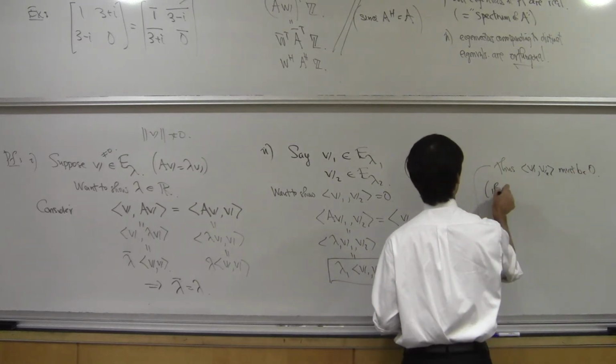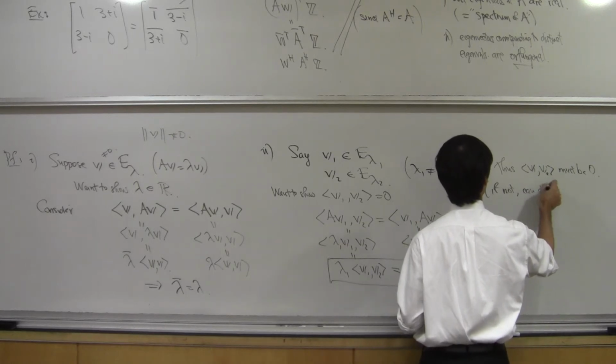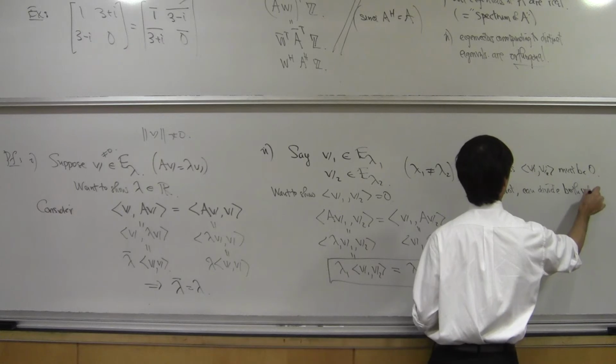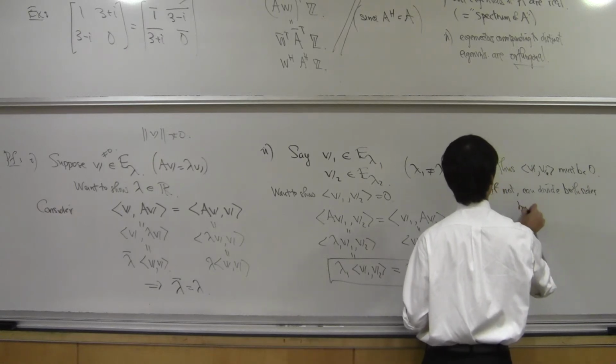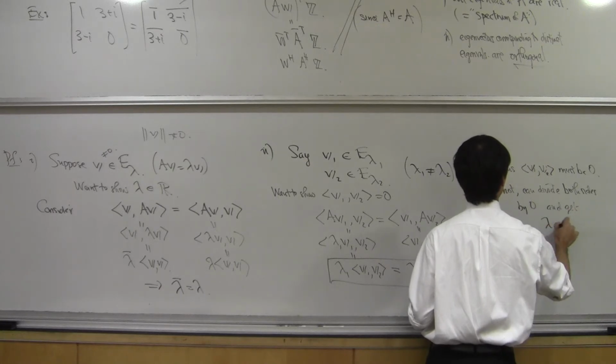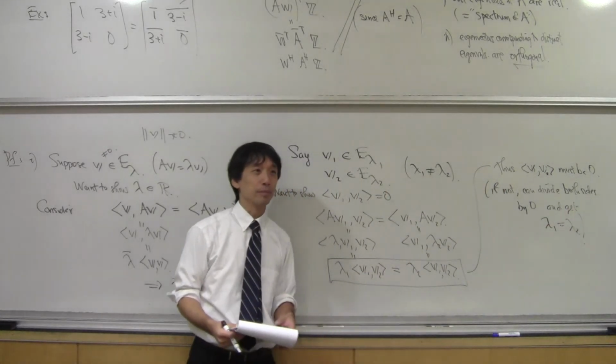must be 0. Because if not, you can divide both sides by it and get lambda 1 equaling lambda 2. But we know that lambda 1 and lambda 2 are different.